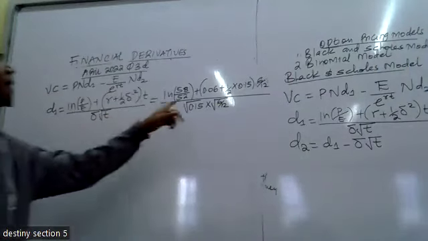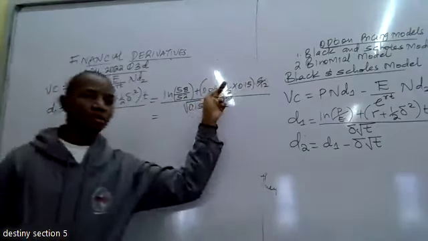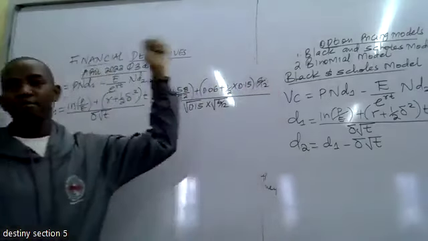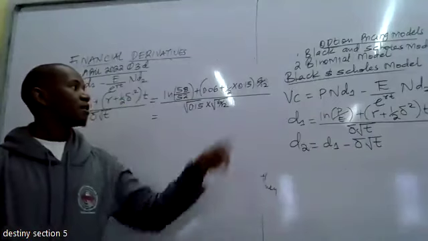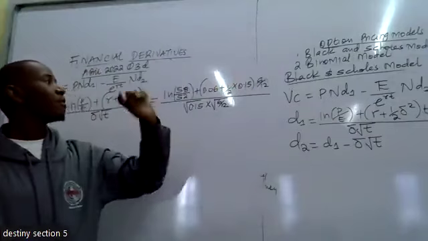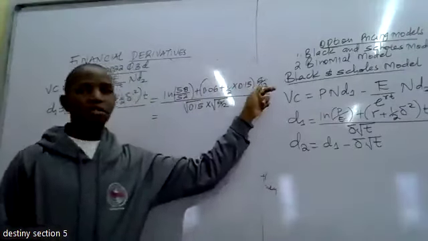So just start from here. Get a half of 0.15, you add 0.06, you multiply by 0.5.